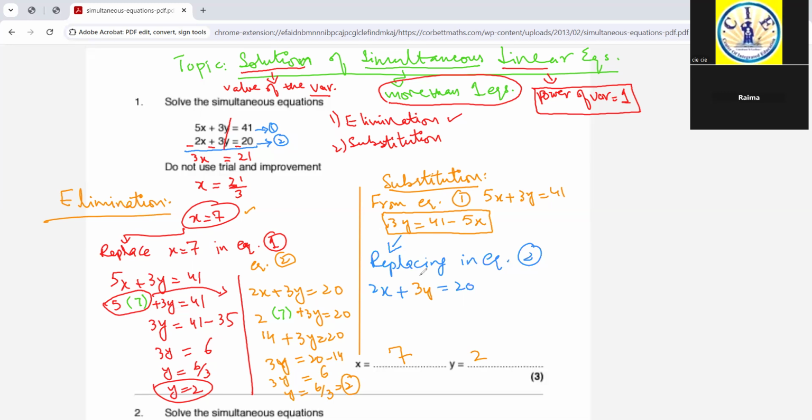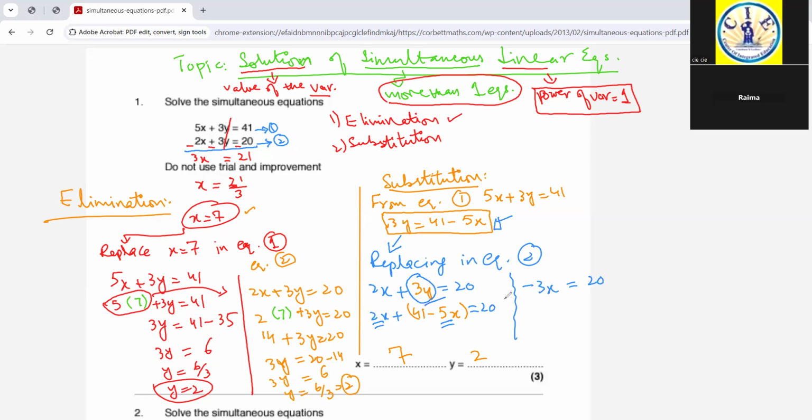Now at the place of this 3y, I can replace this value to get 2x plus 41 minus 5x. This is the value of 3y. And on the right side, that is 20 as it is. Now, this 2x minus 5x is negative 3x. And then equals 20 is the same.